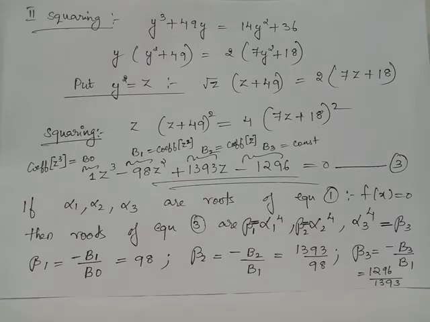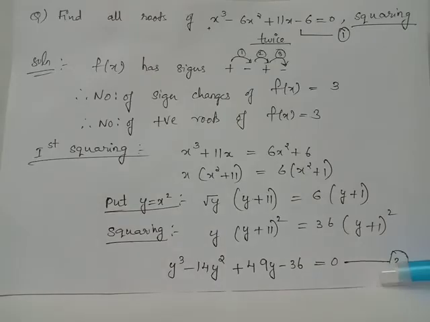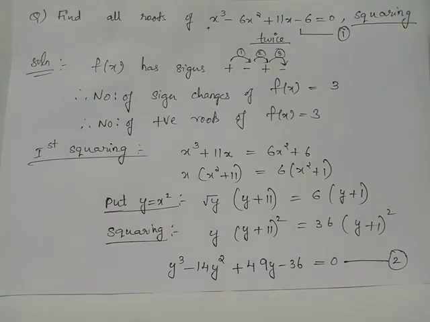We have obtained equation 2 by squaring equation 1 for the first time. Thus, the roots of equation 2 will be gamma 1, gamma 2 and gamma 3, of the form gamma 1 equals alpha 1 square, gamma 2 equals alpha 2 square and gamma 3 equals alpha 3 square.